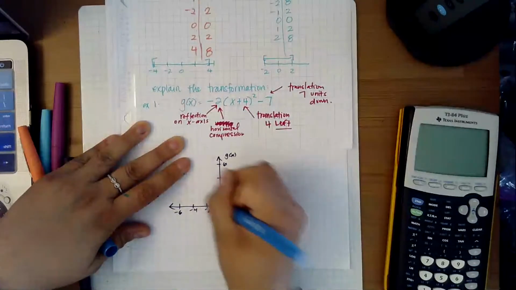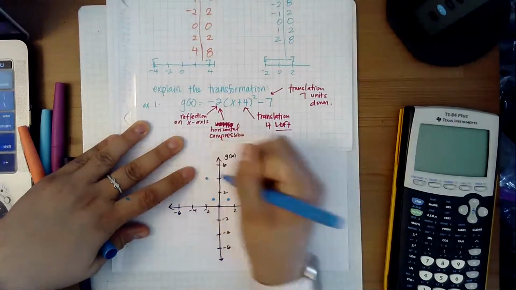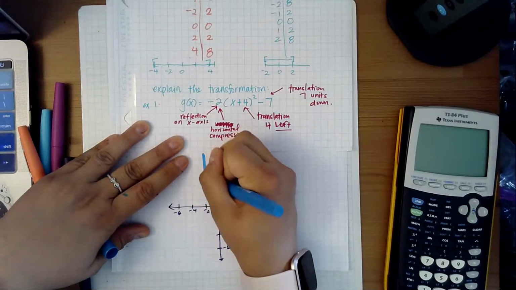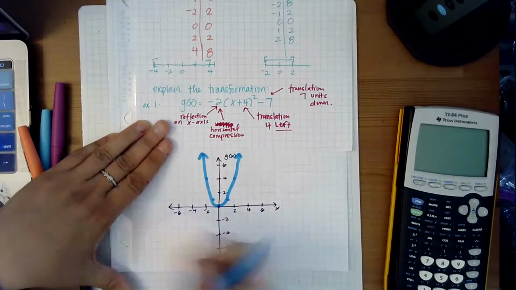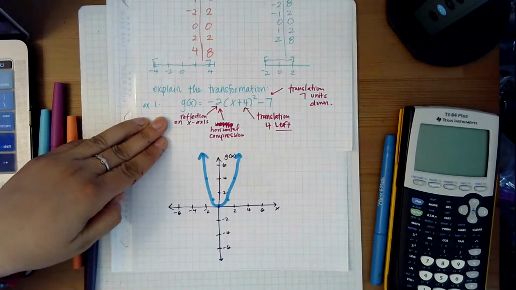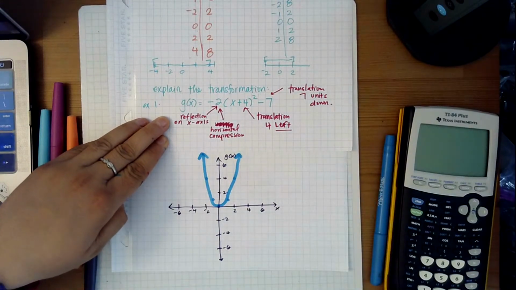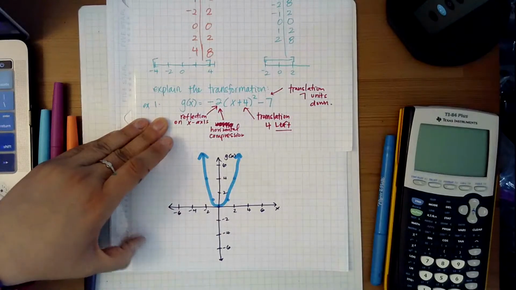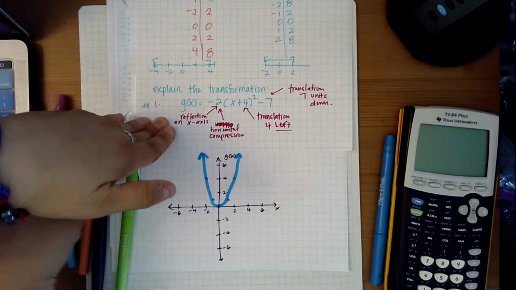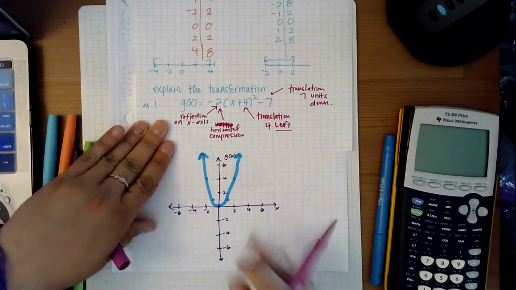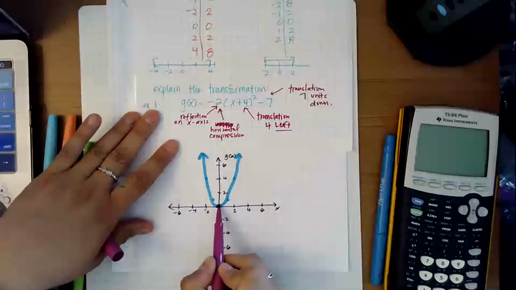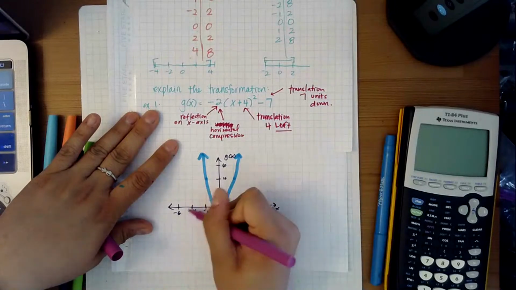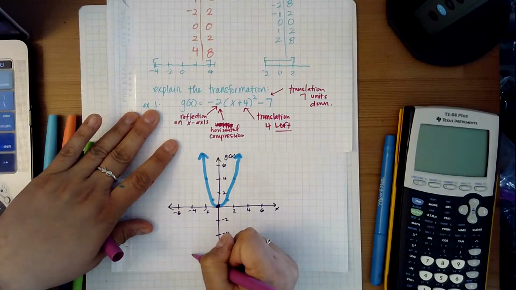Here's my parent function. There's my parent function. But now I'm going to graph my other function. Let's see if I can graph it in a different color. Okay. So we recognize that that vertex went 4 to the left, and 7 down.